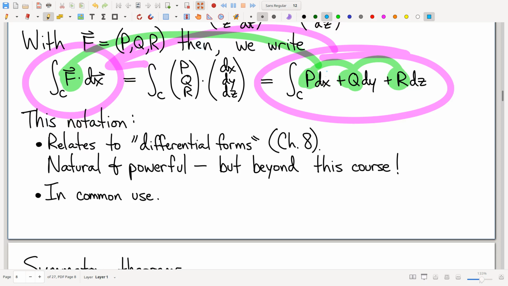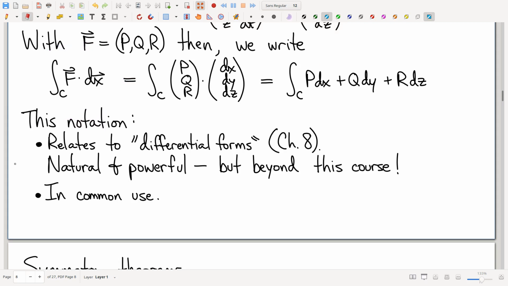And when you see the dx, dy, dz, that's just a fancy representation for the dx vector. Is that cool? So, heads up.